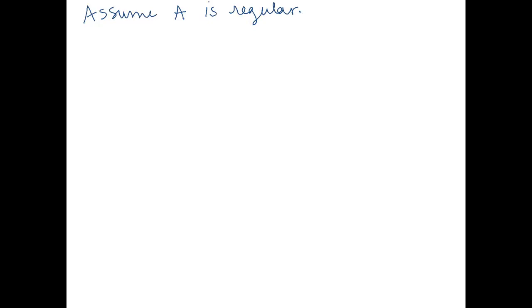Okay, and then we're going to state that P is the pumping length. Again, we may not know exactly what P is, but if A is regular, then it has a pumping length, and we're calling that P.